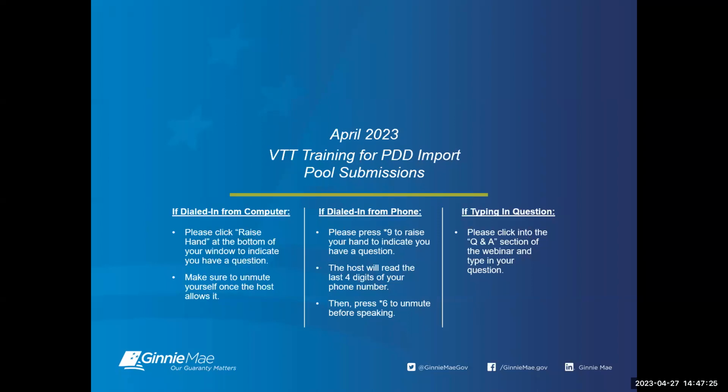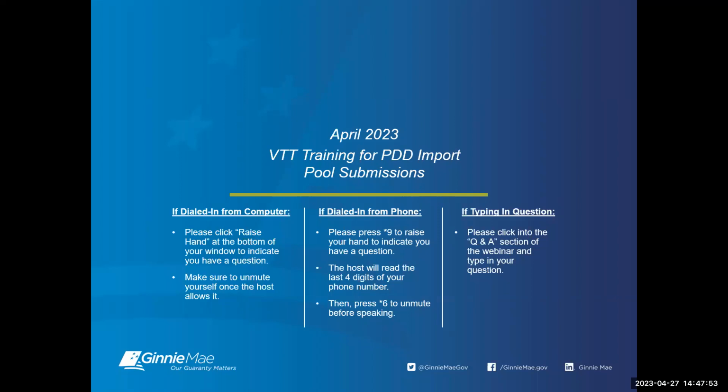Is that true? So the VTT is our testing application for the PDD. That's just where you confirm that you've built your PDD correctly, or your vendor has built your PDD correctly, and it has all of the necessary fields, elements, data points in the proper order and in the proper format, and that you can correctly get those files validated for all of the products that you typically deliver to Ginnie Mae.